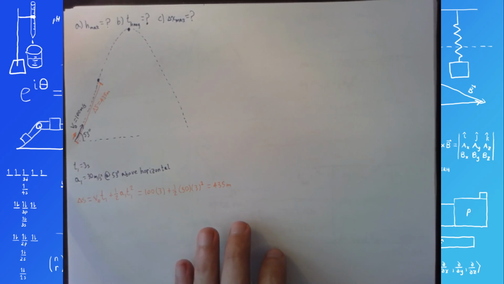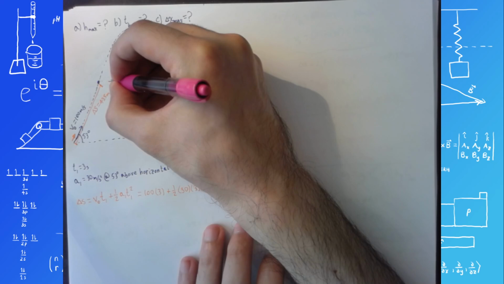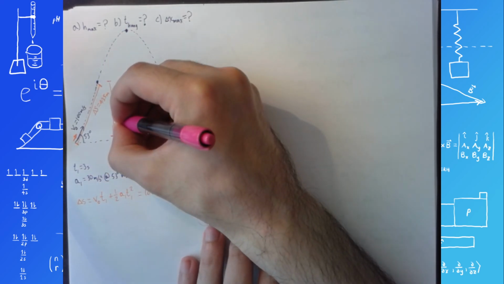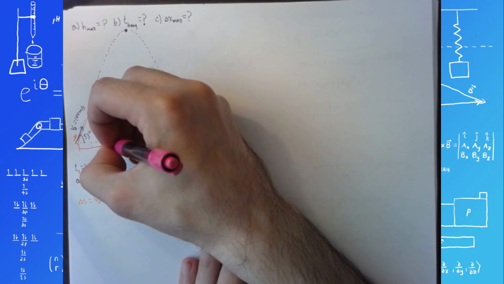Now, what we can do with that is use that 53-degree angle to figure out the delta y and also the delta x. So we could figure out delta y1 and delta x1.